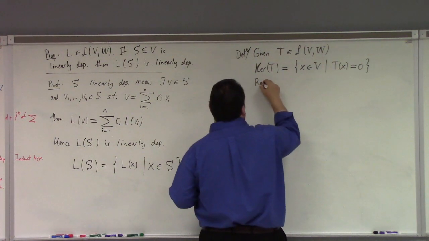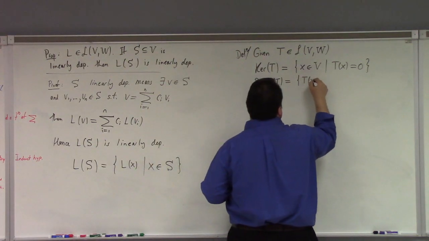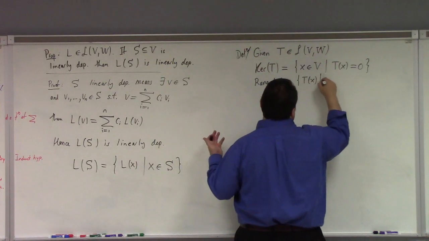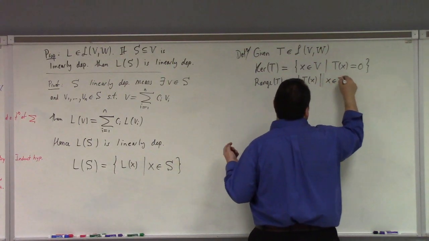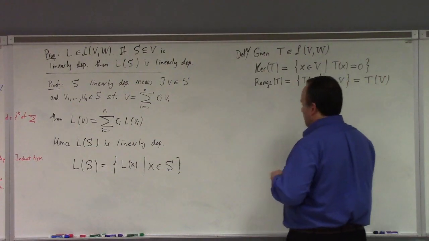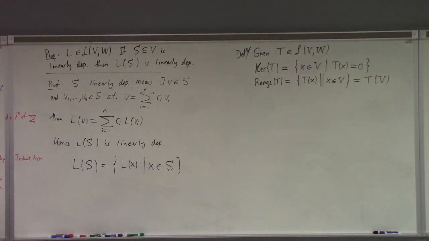And the range of T is T of X such that X is an element of V. In other words, that's TV. It's the image of the whole domain under the transformation, the range.